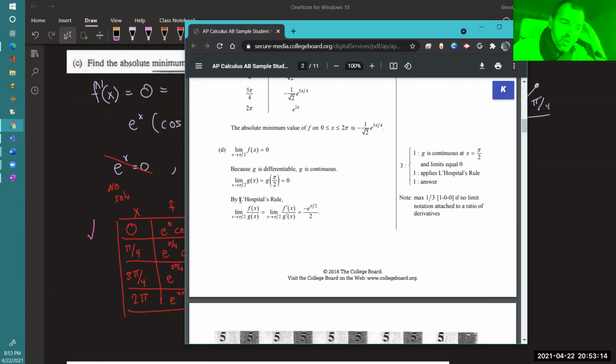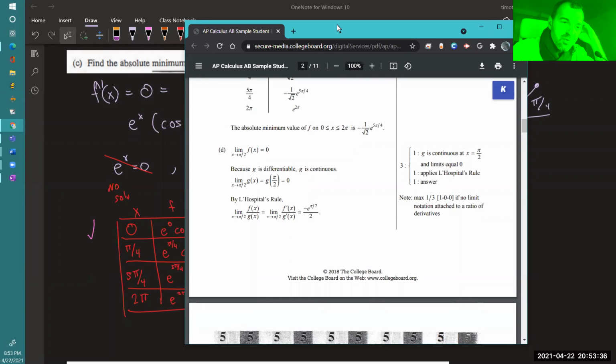Notice, look, in order to use L'Hopital's rule, they wrote separately in 2 separate lines that each of the limits was equal to 0. So once you've written that, you can then invoke L'Hopital's rule, okay? And you can simply just write this.